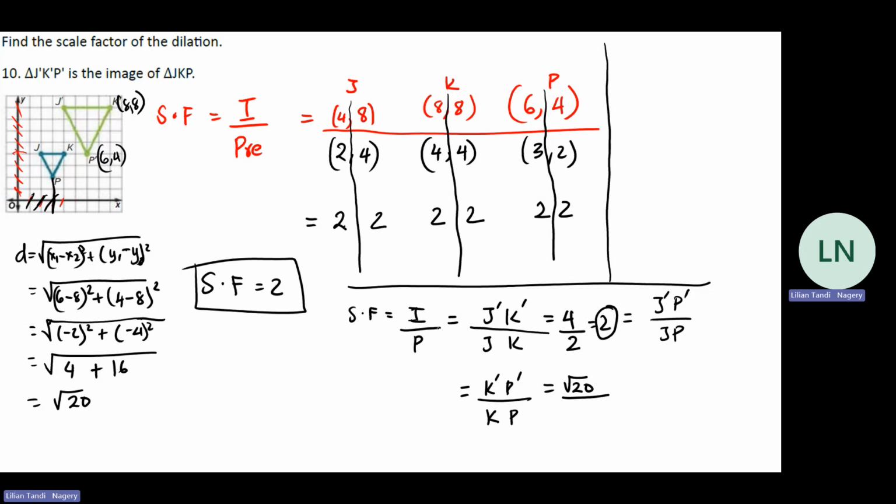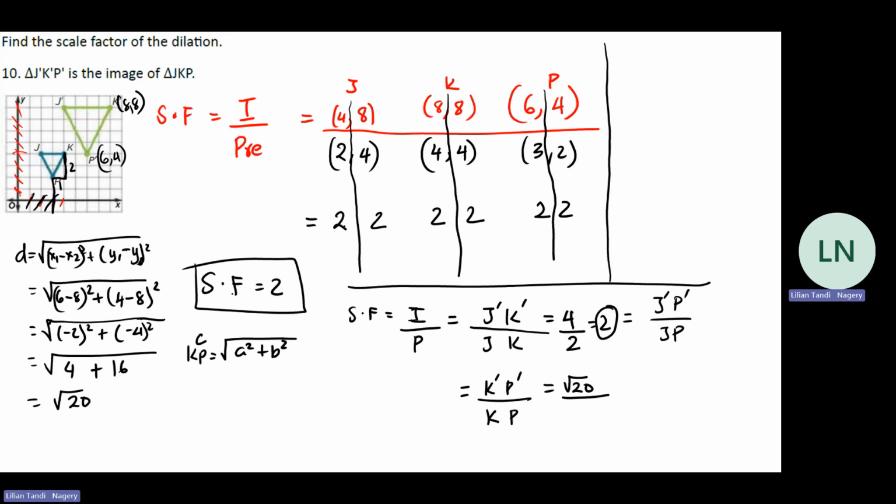Now I want to find this. K prime, P prime is the square root of 20. I can use the Pythagorean theorem. Here is my right triangle. Do you see that? This is 1 and this is 2. So KP, which is C, equals the square root of A squared plus B squared.